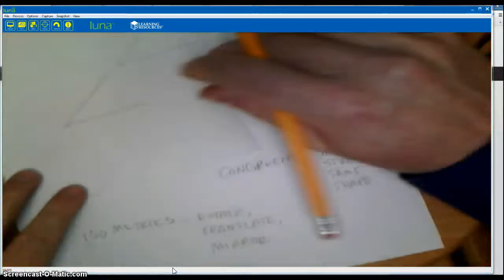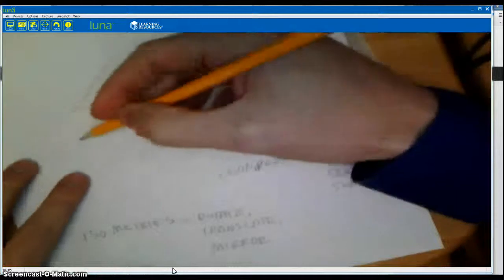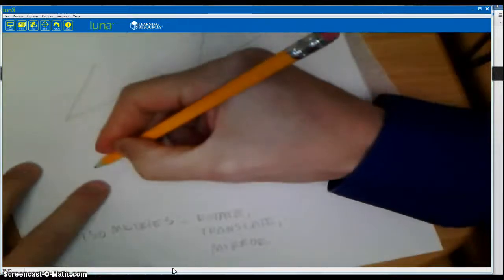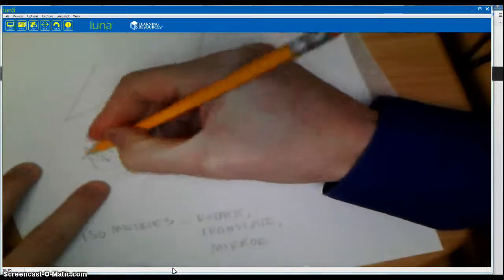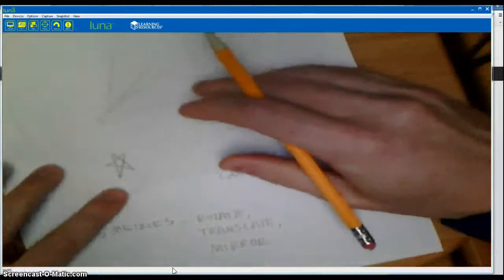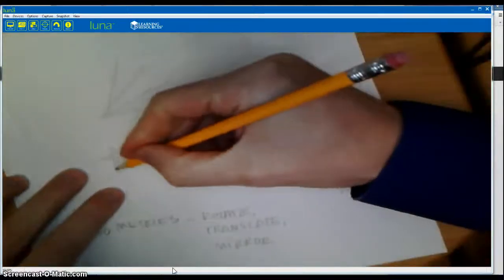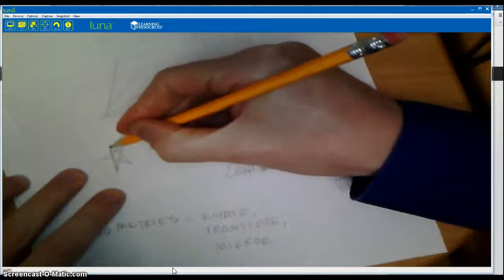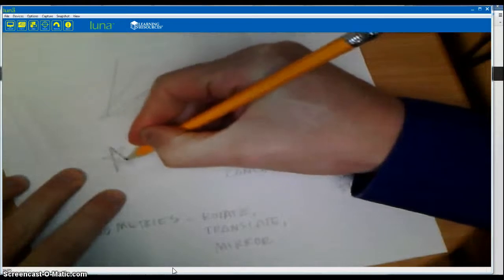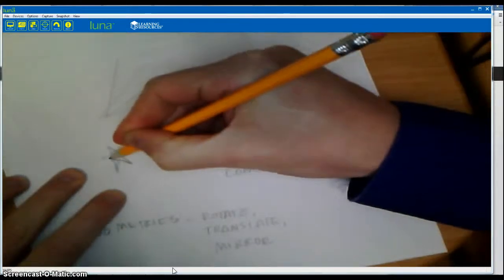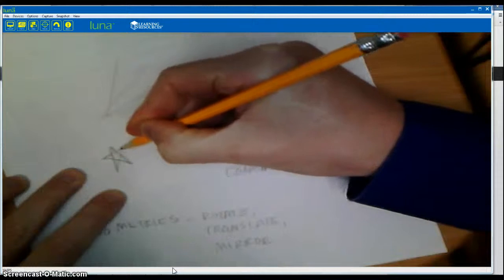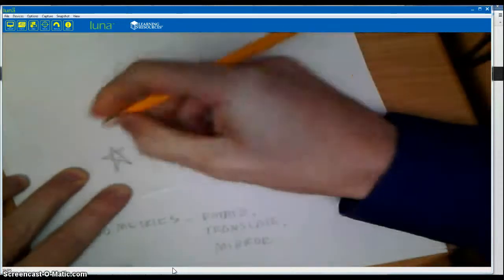What else is there? There is also scale. Now scale is not associated with congruence, but if I had a shape, let's say I had a star, and let's make another star. So I will make this star congruent to this star as best I can.